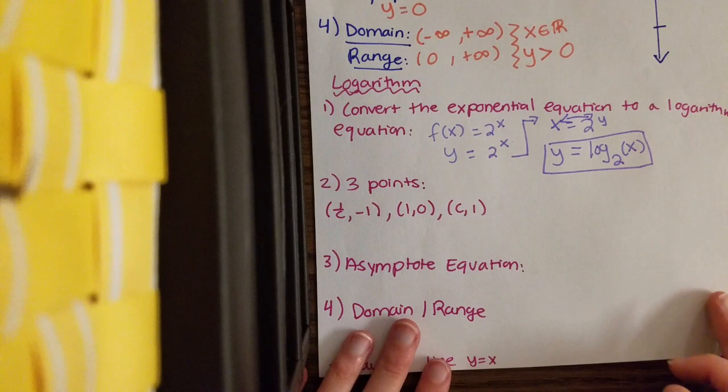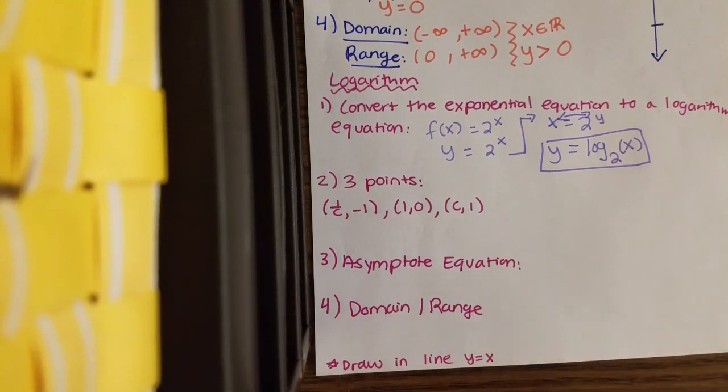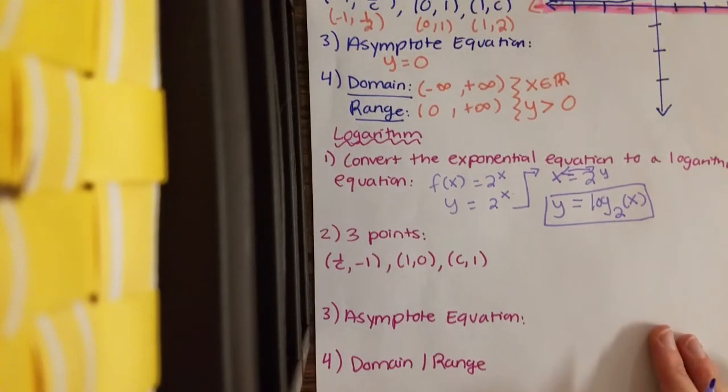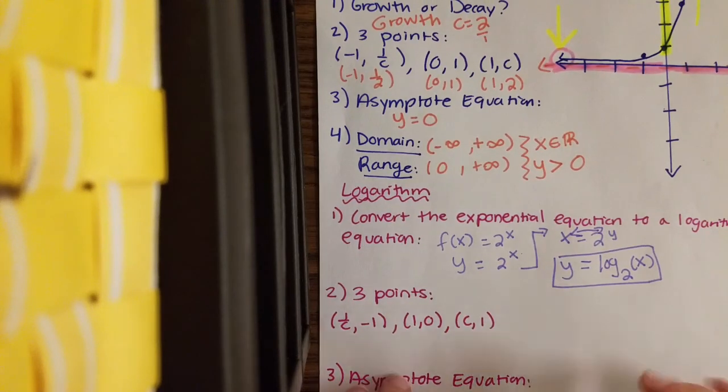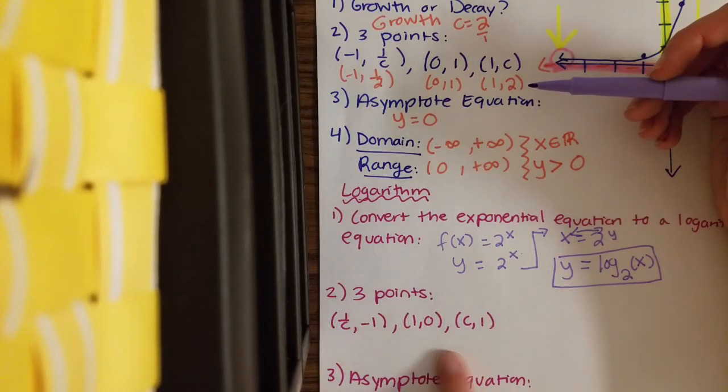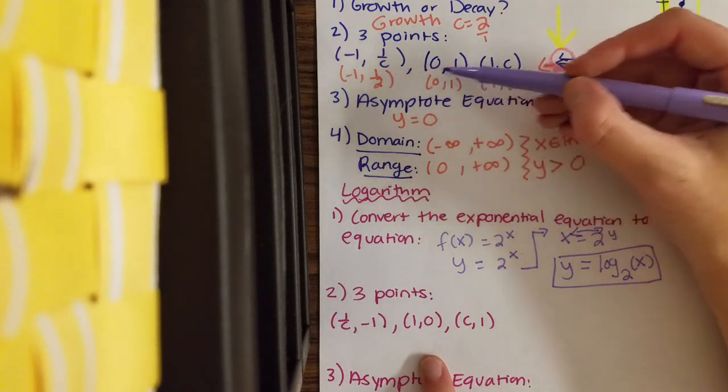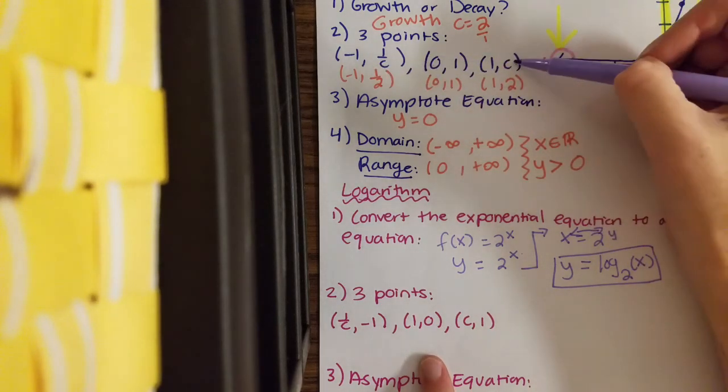Yay! Okay? Now, remember, when we find an inverse set of points, all we do, if you have a set of points, is to interchange the x's and y's. Which I just want to point something out. All I've done to get these 3 points, I've simply interchanged my exponential standard points.